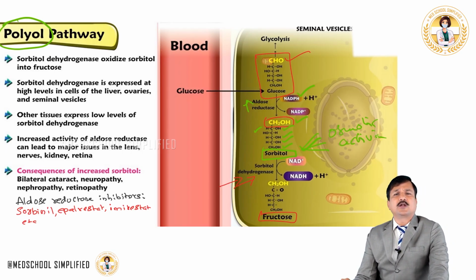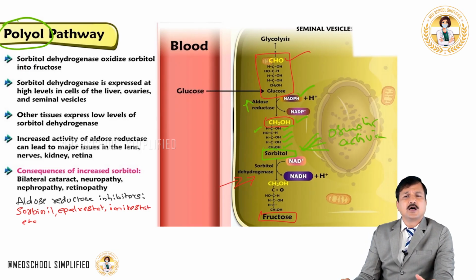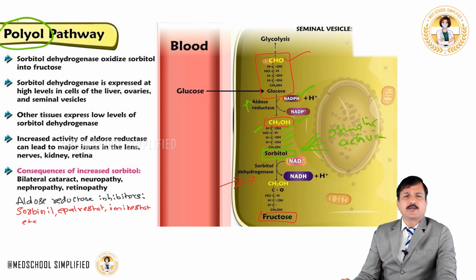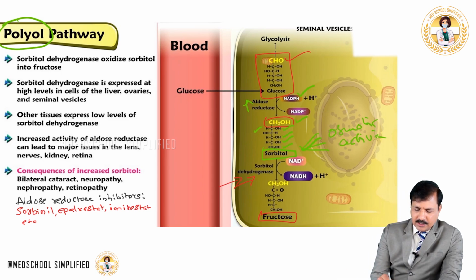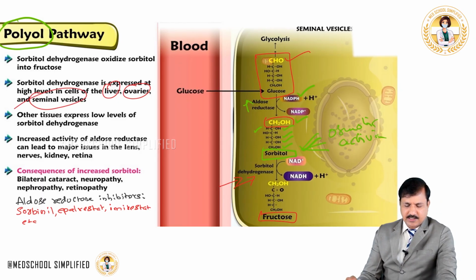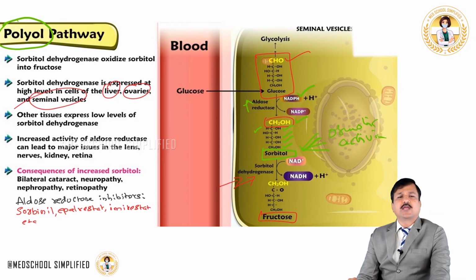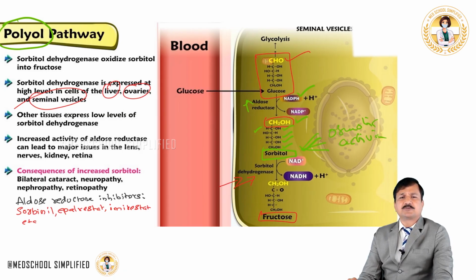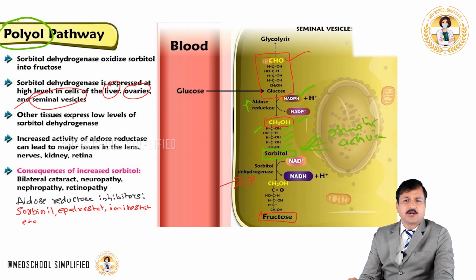That means sorbitol dehydrogenase is a good enzyme, because it's going to decrease the concentration of sorbitol. But the thing is, sorbitol dehydrogenase is expressed at high levels only in the liver, ovaries and seminal vesicles. Other tissues do not express much of it. They express only very low levels of sorbitol dehydrogenase.